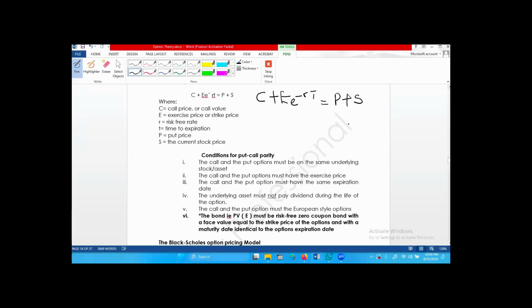Your P is the put price. And your X is the current stock price. Please, your small letter e is the exponential function on your calculator. This is the equation of put call parity.